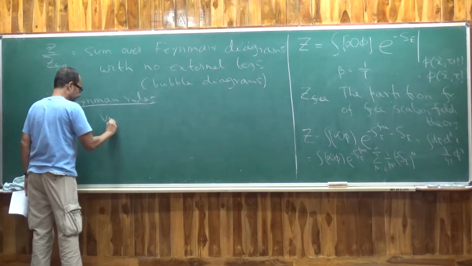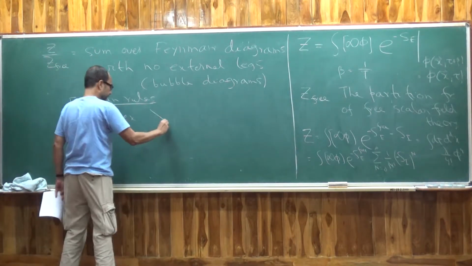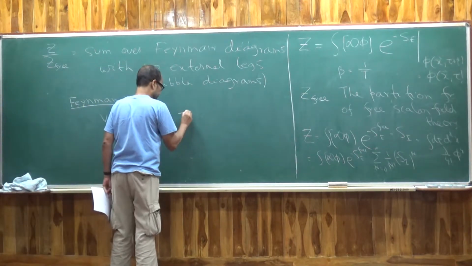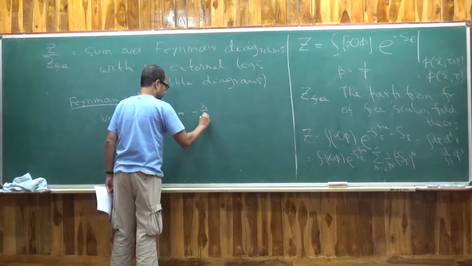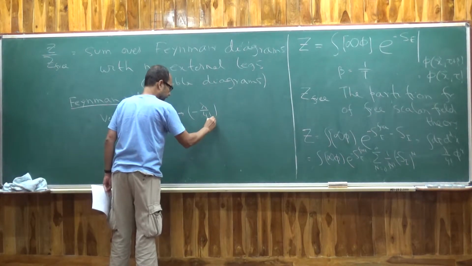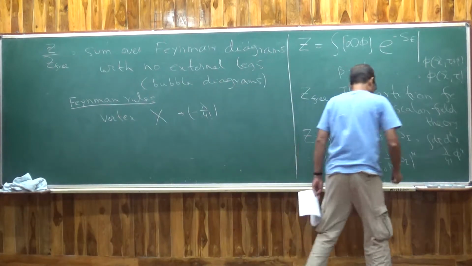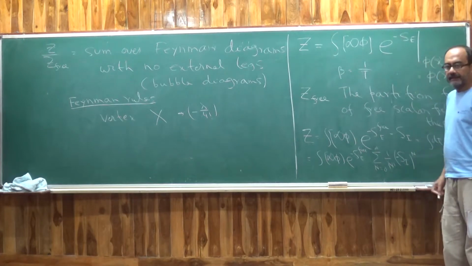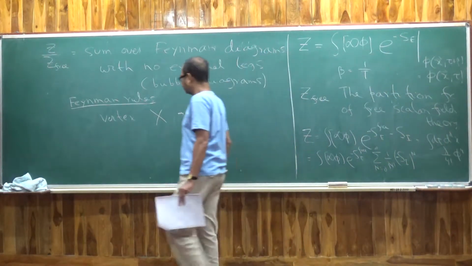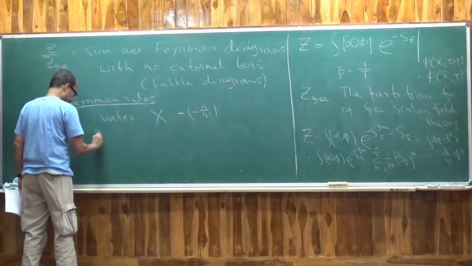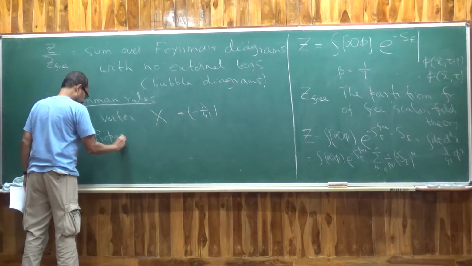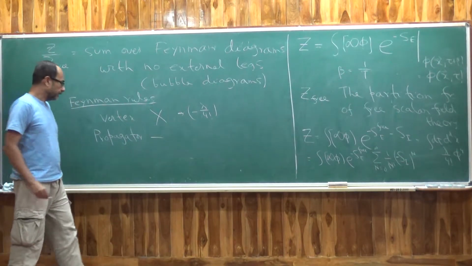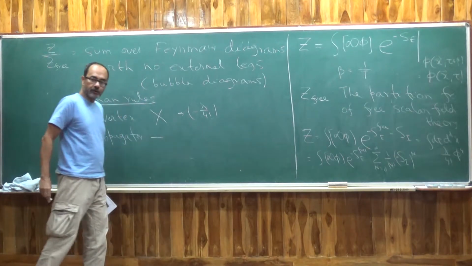So the vertex, which is just this 4-point vertex, has the associated factor minus lambda over 4 factorial, because S_I has lambda over 4 factorial, so that's what appears in the vertex factor. Propagator: this is the Euclidean propagator, of course.